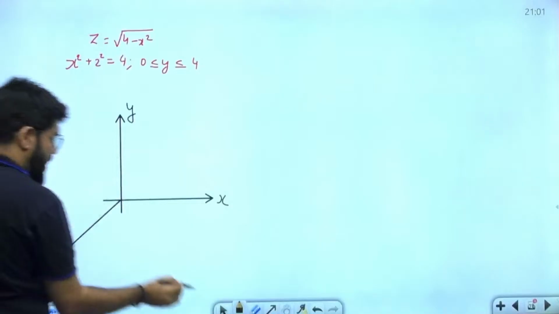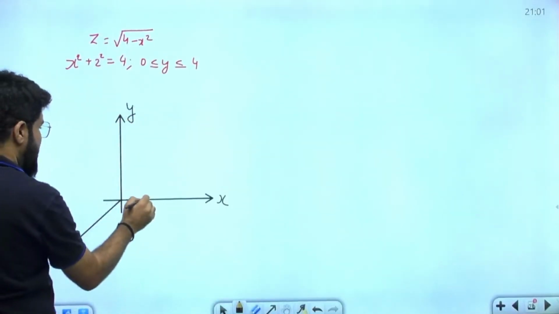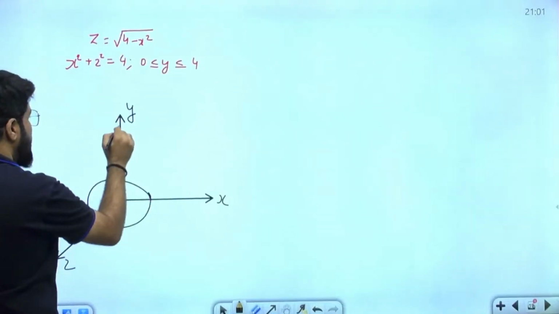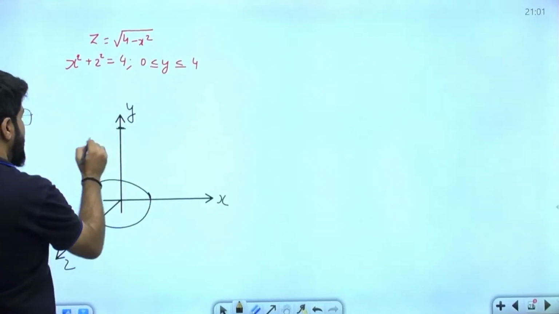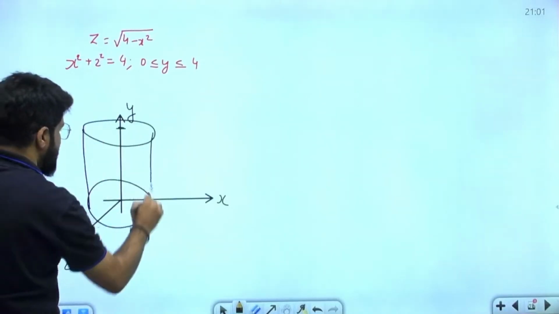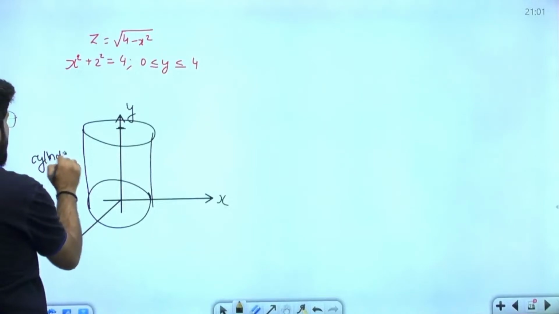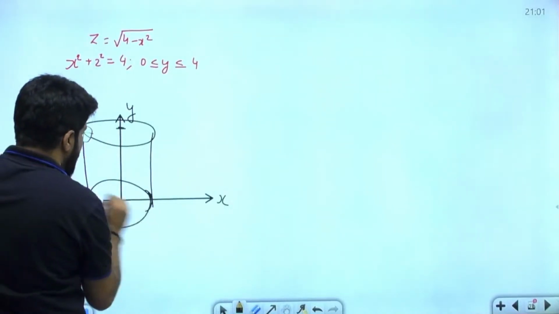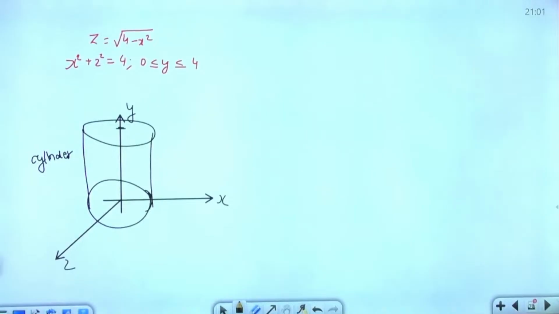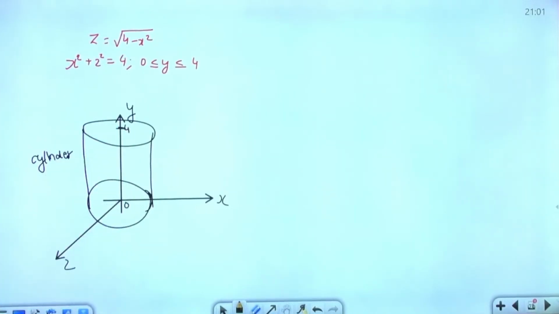Y equal to 0 means you are in the xz plane, a circle here, up to a circle at y equal to 4. When you combine all these circles, the shape that you get is a cylinder. I've drawn a very rough figure here. This is y equal to 4, this is y equal to 0. A cylinder.